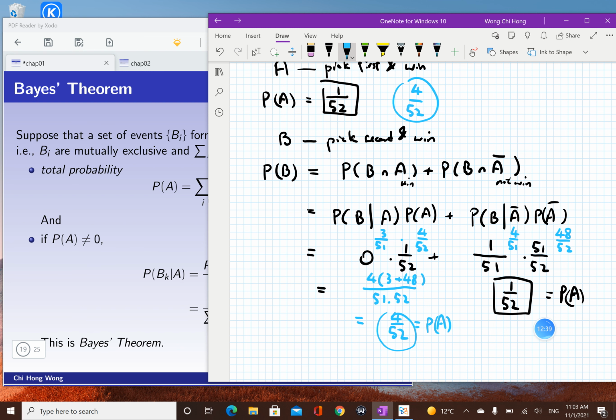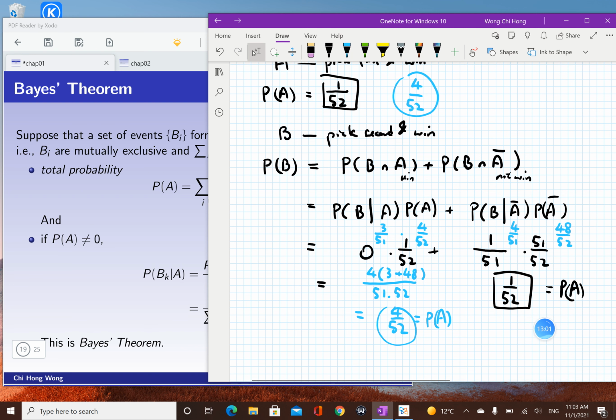But of course, in reality, especially when you have to pay to play this sort of game, what you would do is wait. After all, you will wait to see if your friend got the winning card first.